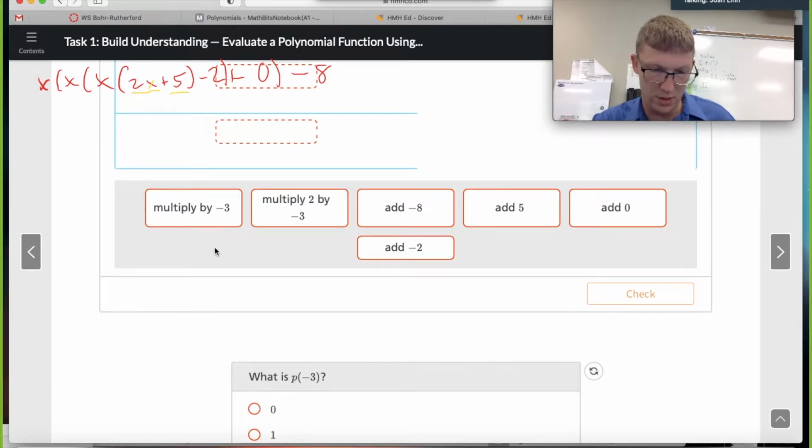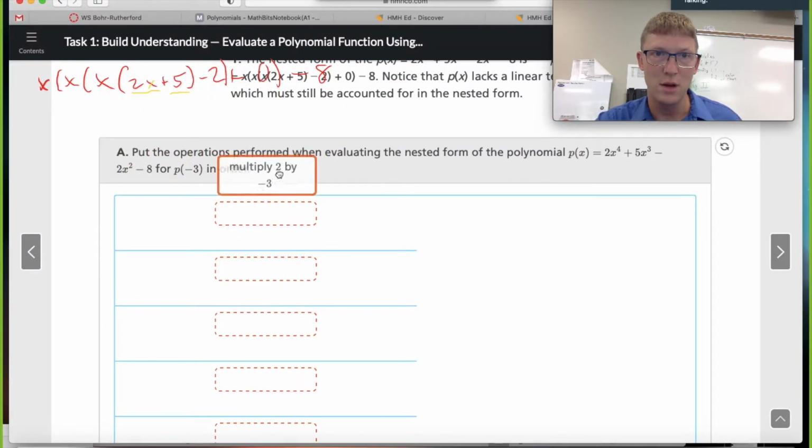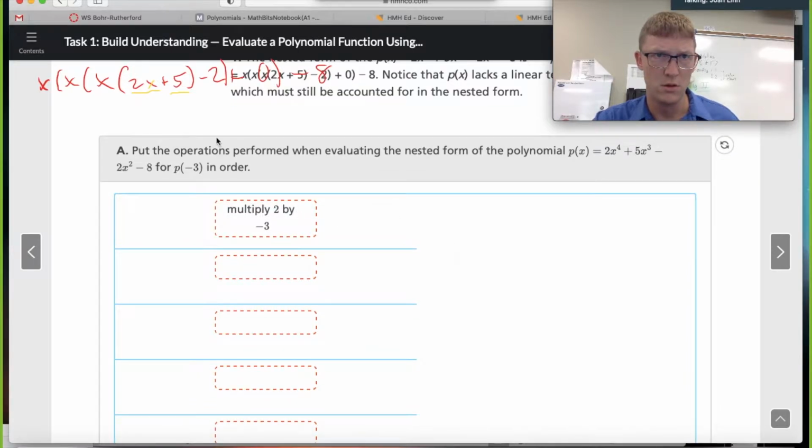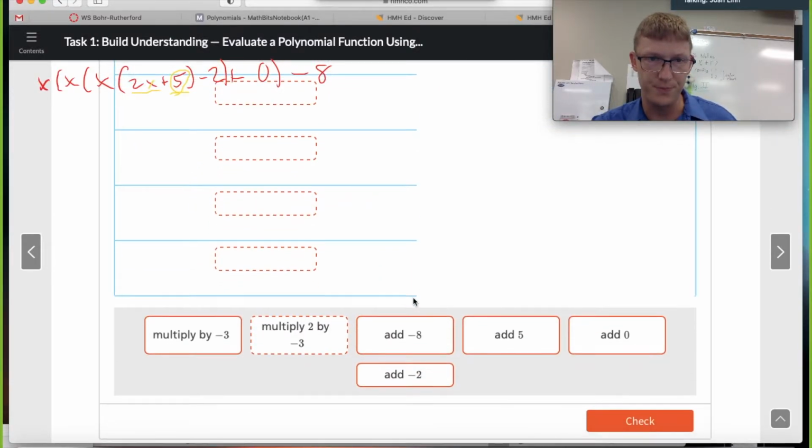So we will multiply 2 by negative 3. Remember, our x is negative 3. So then after that, we're going to our 5, so we're going to add 5.